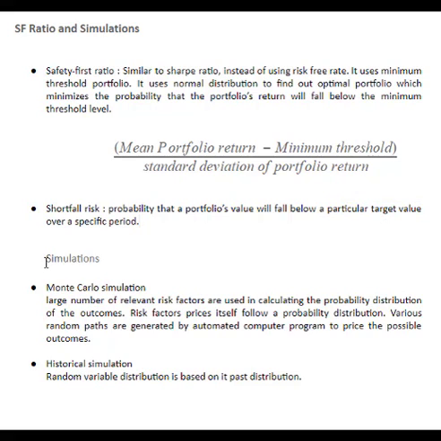Simulations. There are two major types of simulations which are discussed here. The first one is Monte Carlo simulation, and the second one is historical simulation. So let's start with the historical simulation first. The historical simulation is like we are simulating past historical events, and we are applying those data points into current values.